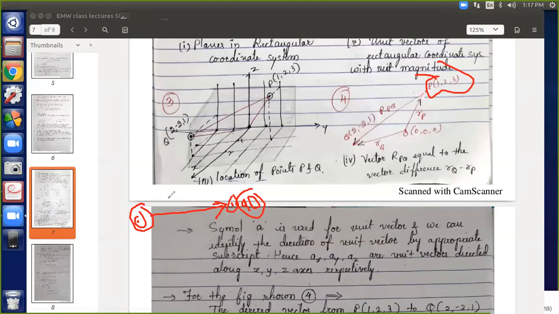You will find 90 as the distance. If you have started at P and reach Q, you should subtract point Q minus point P. That is the general rule to find the distance.